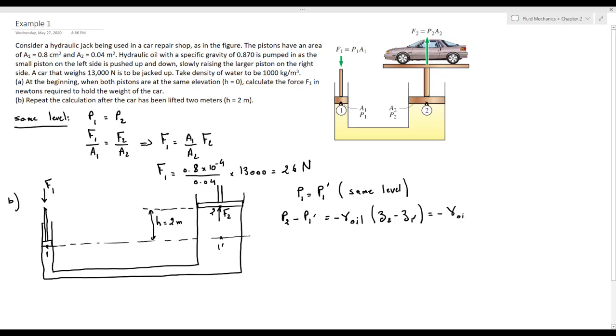So Z2 minus Z1 prime is equal to H. So we'll have P1 prime in this case equal to P2 plus gamma oil into H, and P1 prime is equal to P1.